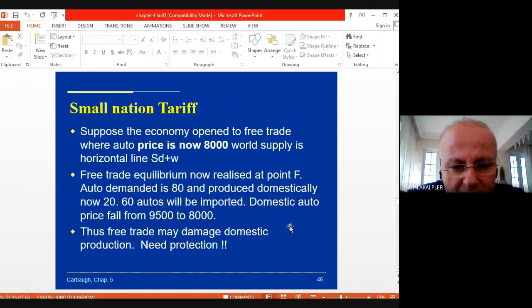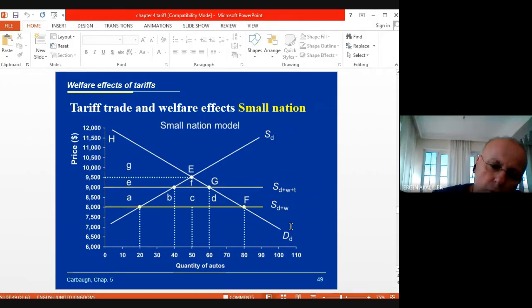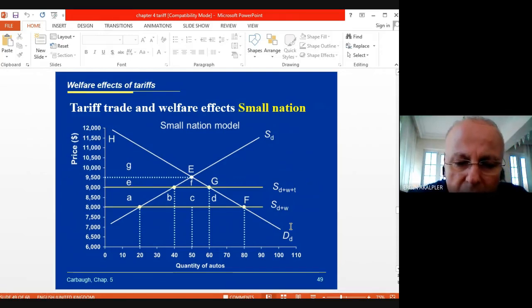The free trade, as I mentioned to you, is now realized at point F, as I illustrated, with 80 units demanded and only 20 units produced domestically. This means that on this graphic we have to import between 20 and 80 units, so-called 60 units of autos from foreign countries, because our production reduced from 50 to 20 and our consumption enlarged from 50 to 80.